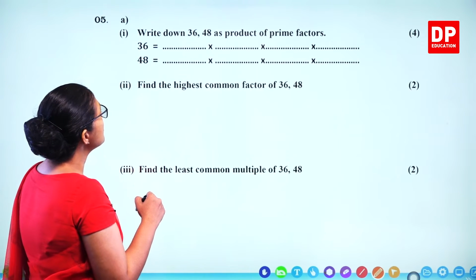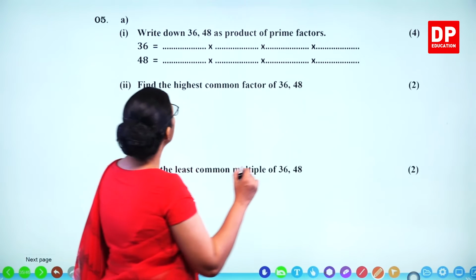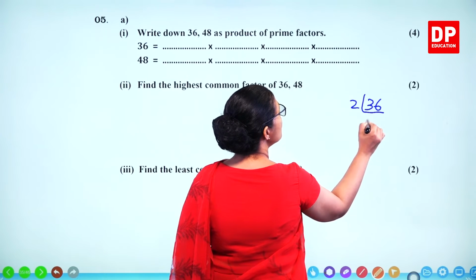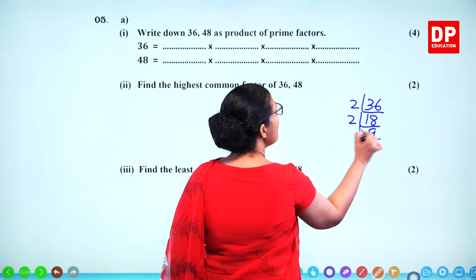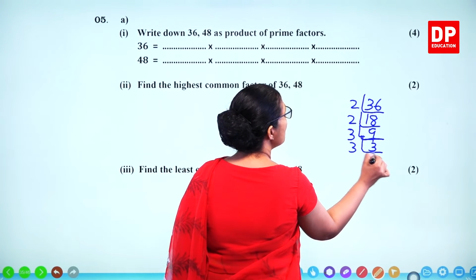Write down 36 and 48 as a product of prime factors. So we'll do it separately, divide and see. 36, you can divide by 2, you get 18. Divide by 2 again, 9. Divide by 3, 3 here, divide by 3, 1.